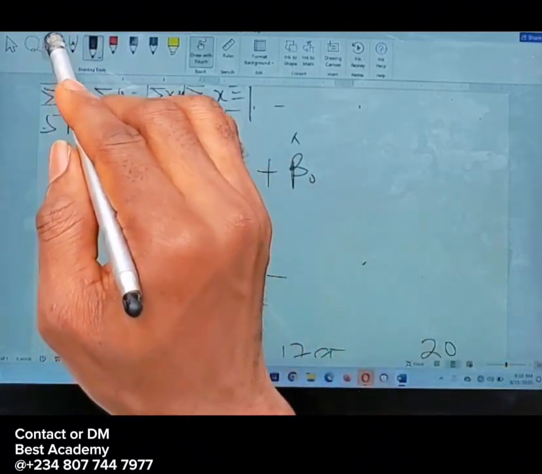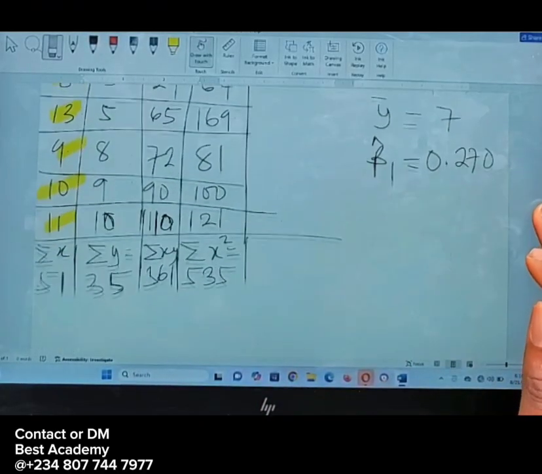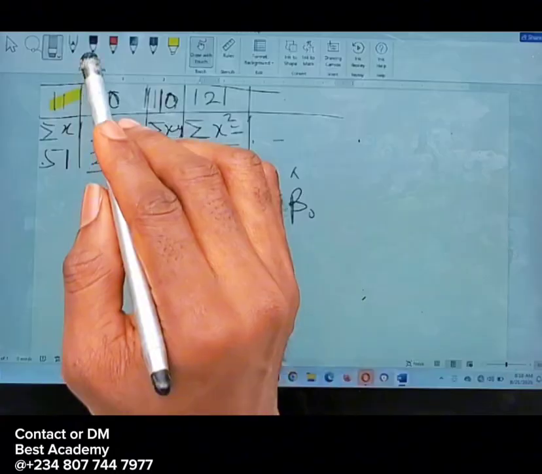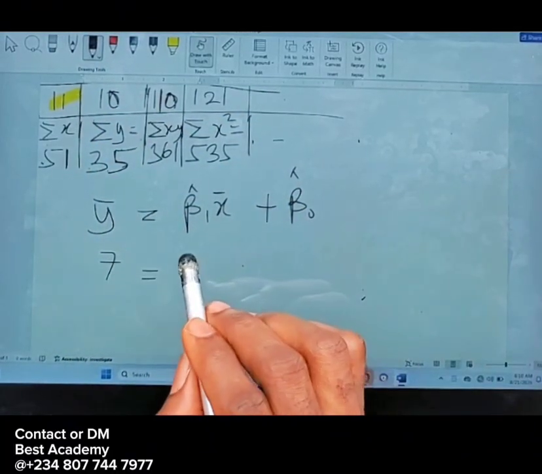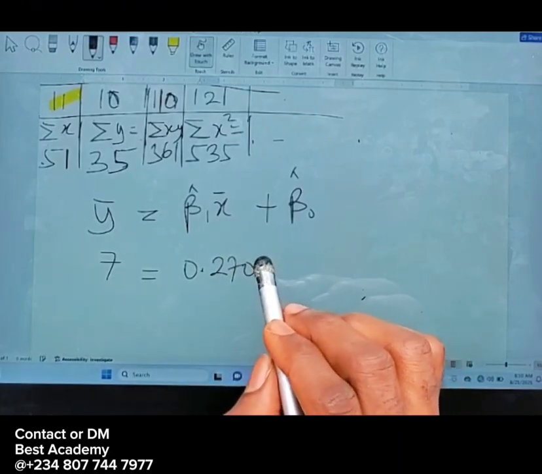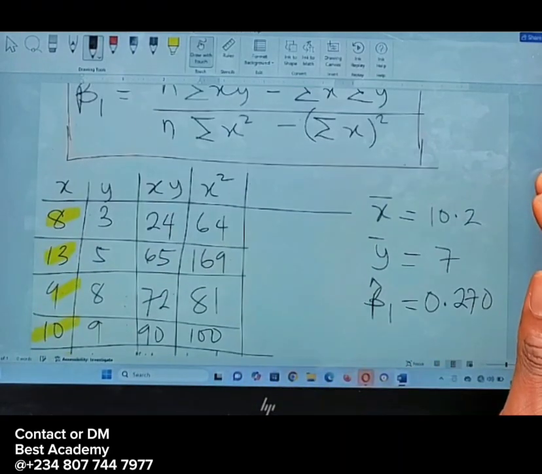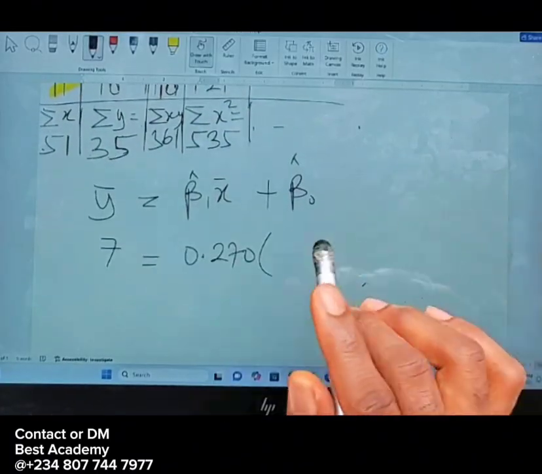Let's replace our values. Just be very careful. Y bar is said to be 7, is equal to beta 1 hat is said to be 0.270, our s bar is said to be 10.2. Please take note.